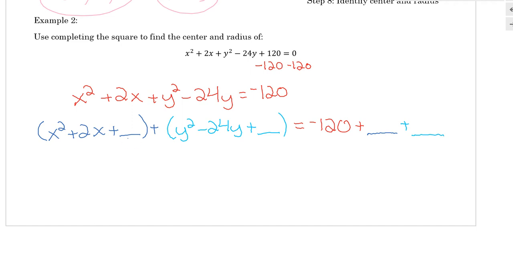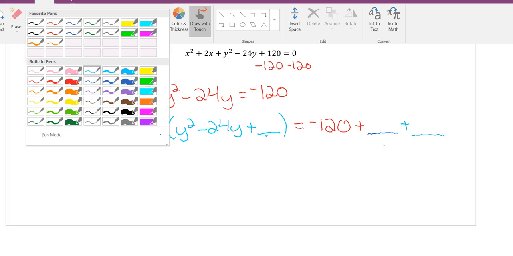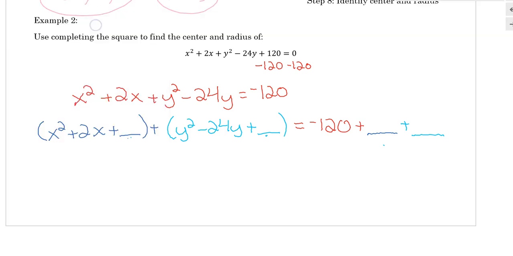So I have my blank here and my blank here. Again, you have to keep the scale balanced. Now, we are completing the square. I was hoping to have room somewhere. I guess I will continue to just do it underneath.